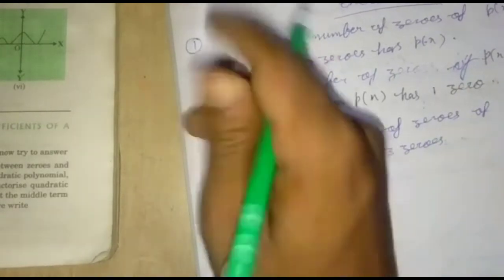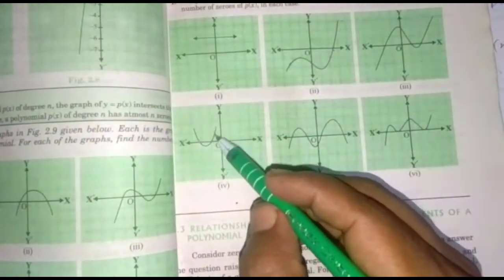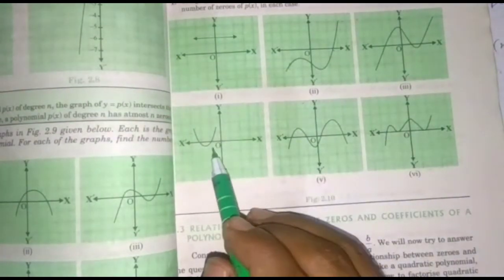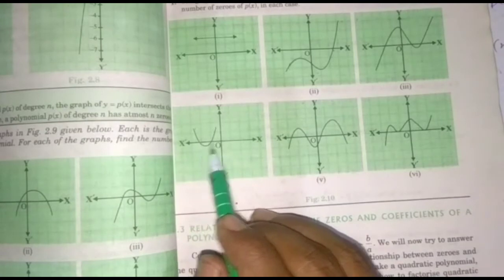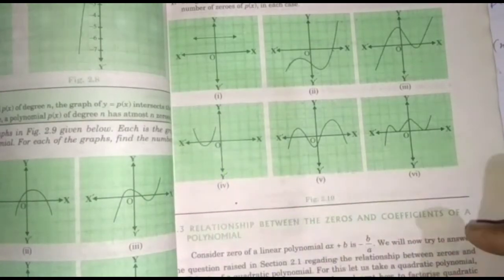Fourth question. You can see the fourth question. The graph is like a U-shape graph, and this U-shape graph intersects the x-axis at 2 points. So you can say that this polynomial has 2 zeros.